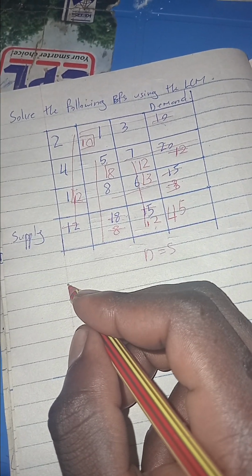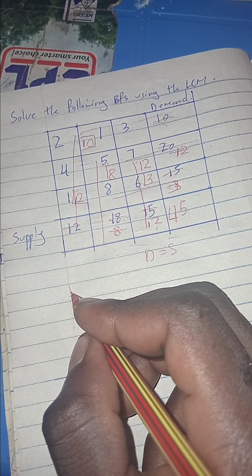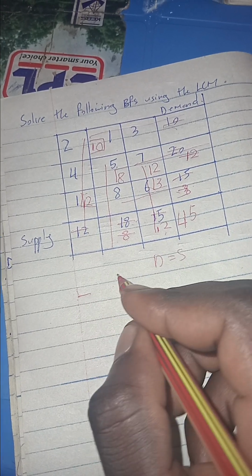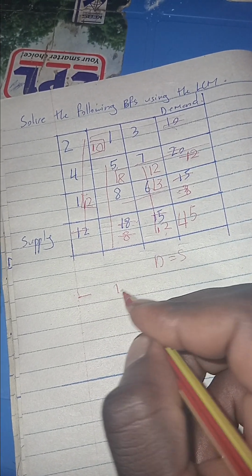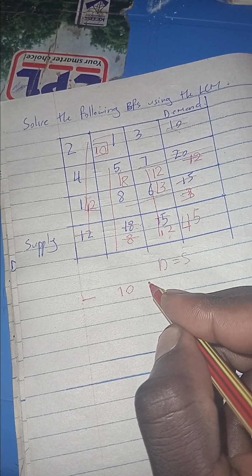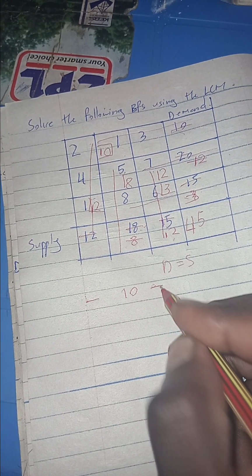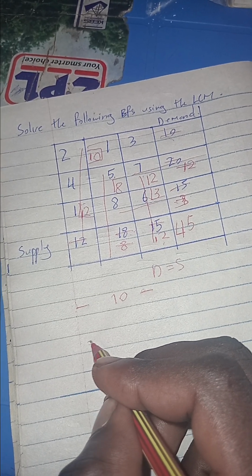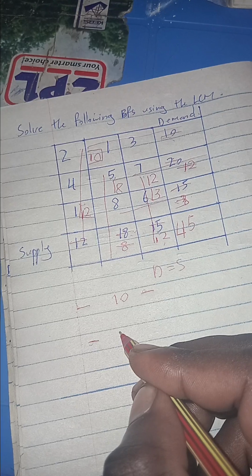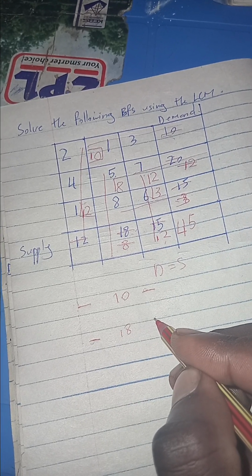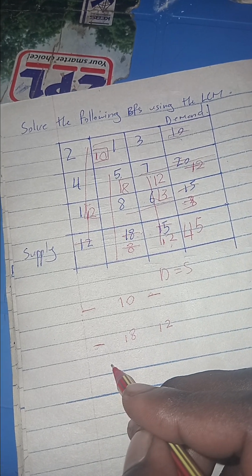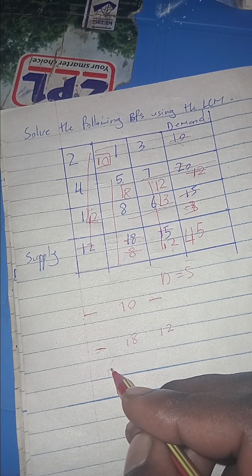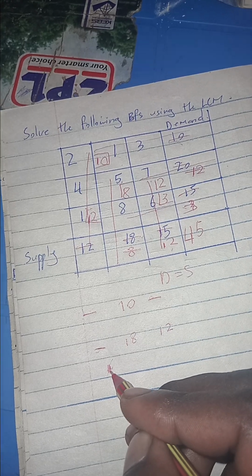So in the first cell we have no allotment, so we have the hyphen. The next we have 10. That one we have the hyphen, we have no allotment. The next one we have hyphen. Next we have 18. The next one has 12. We move here. In our allotment we also have here 12.